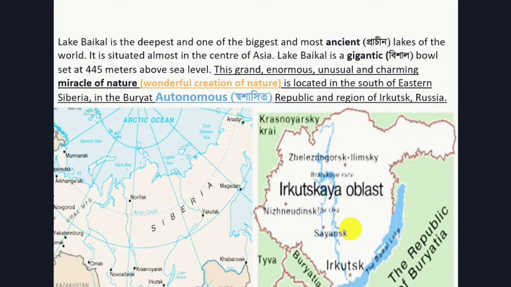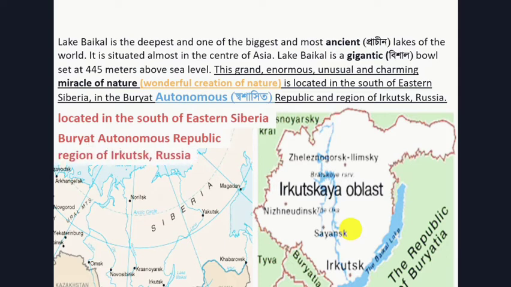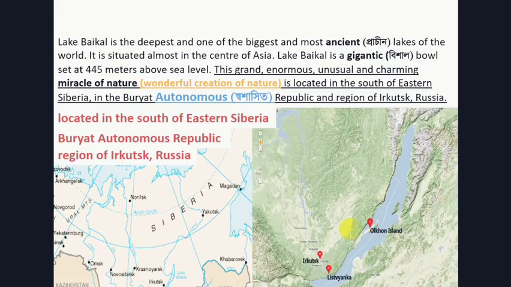So, the next line: this grand, enormous, unusual and charming miracle of nature is located in the south of eastern Siberia, in the Buryat Autonomous Republic and region of Irkutsk, Russia. Here you see a map of Irkutsk, and it is located in Russia.